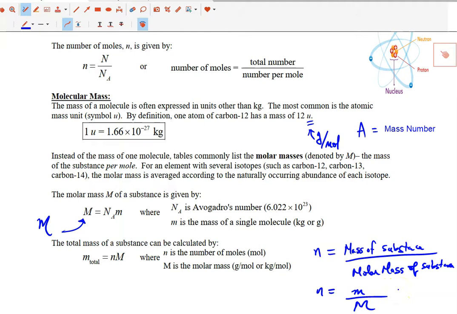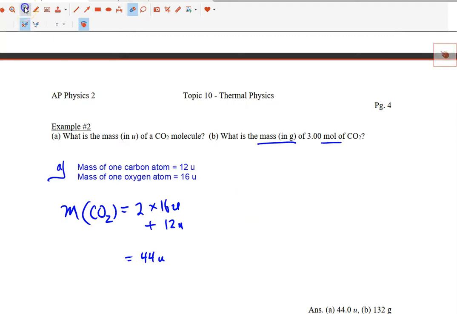Maybe this will make more sense if we look at an example. Let's go back to the example we were doing before, and I'll erase this image here. Let's look at the mass we would have in 3 moles of carbon dioxide. We know the number of moles is 3 mol, that's little n.